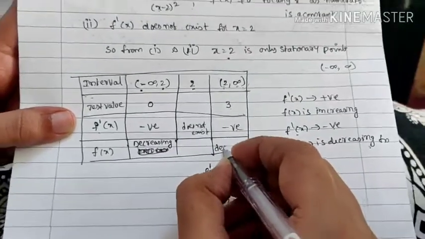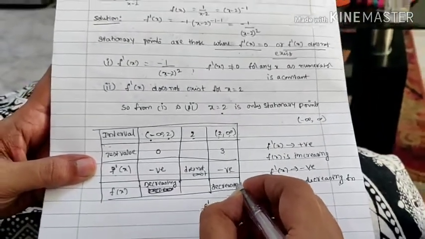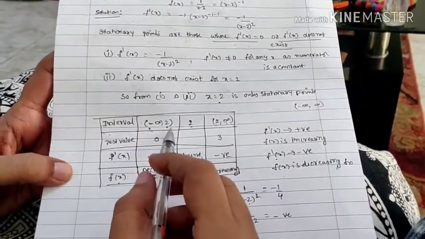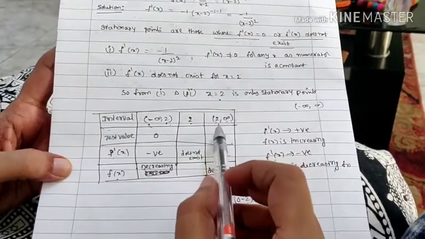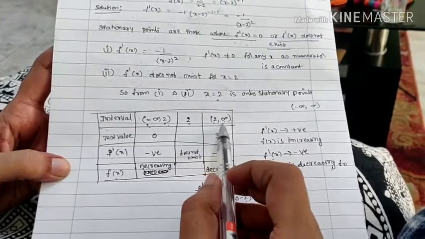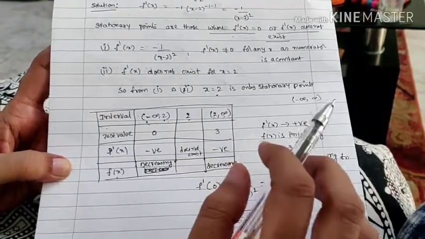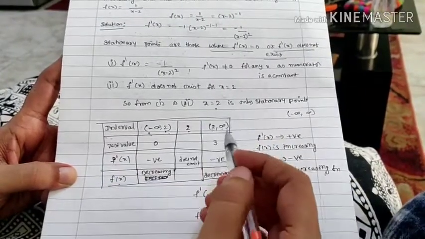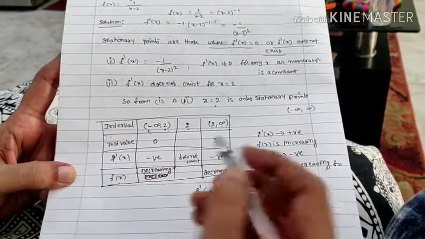So here also decreasing. So f of x is decreasing in minus infinity comma 2, and also f of x is decreasing in 2 comma infinity; at 2 it does not exist. In this way you have to find. We will discuss local maxima and local minima in one more question.